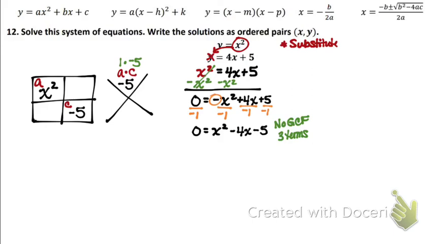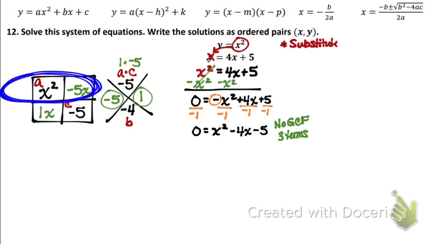What kinds of things multiply to 5? 1 and 5 multiply to give me 5. What do I want this to add to? -4. What multiplies to -5 but adds to -4? It's got to be -5 and 1. Since my b is negative, the bigger number has to be the negative. So -5x and 1x.